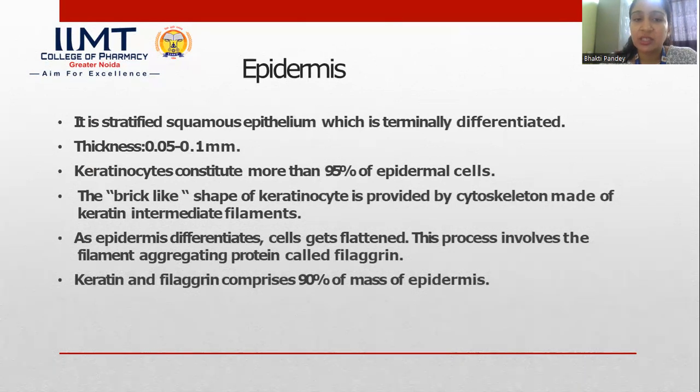The brick-like structure of the keratinocytes is provided by the cytoskeleton made of the filament that is known as keratin. The epidermal differentiated cells are flattened cells. The process involves a filament aggregating protein called flaggrin. Keratin and filaggrin both comprise approximately 90% of the mass of the epidermis.